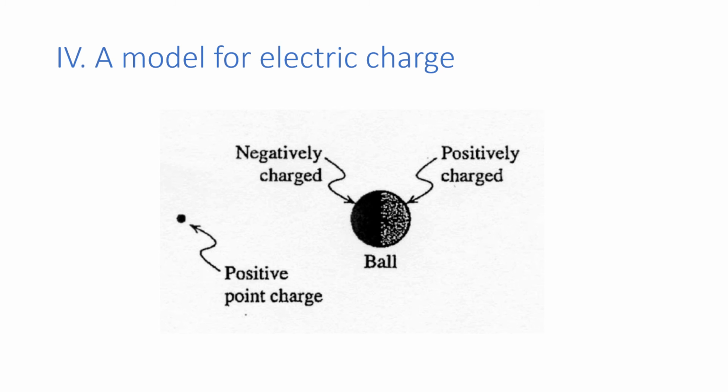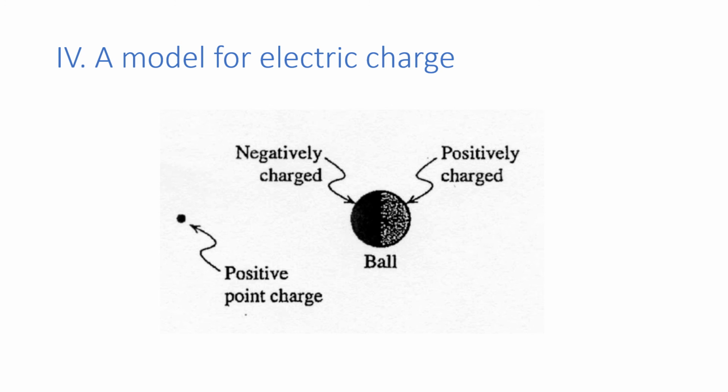And the last section is to model electric charge, where we are given a scenario with a spherical ball where the left hemisphere is negatively charged and the right hemisphere is positively charged. And the question is, what is going to happen when a positive point charge is brought close to the negatively charged hemisphere?